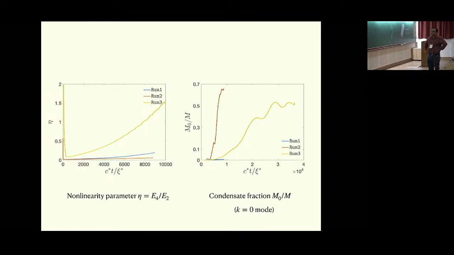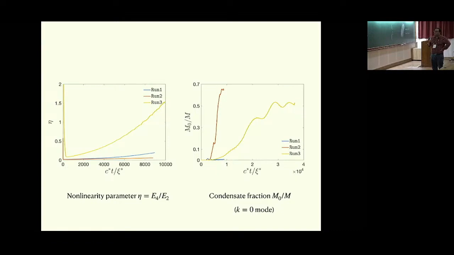Now if you look at the condensate fraction, there's something anomalous happening for run 2. We see that there is a significant condensate fraction developing there. More about this later. If we look at run 3, slowly the condensate fraction builds up and then it becomes quite significant.